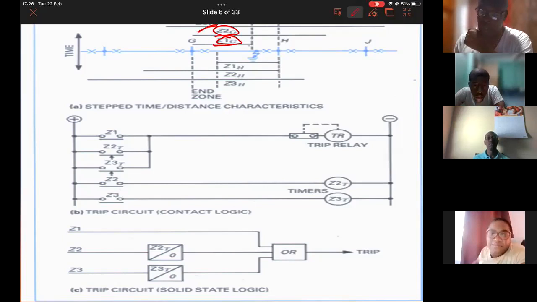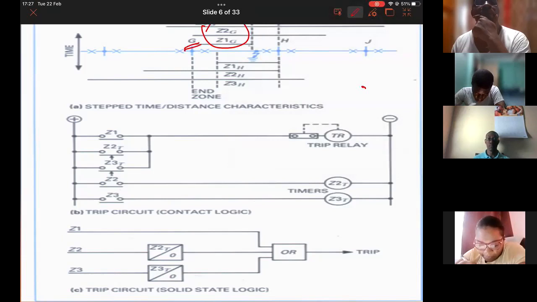So these settings up here are with respect to substation G. At the bottom, it is with respect to substation H.